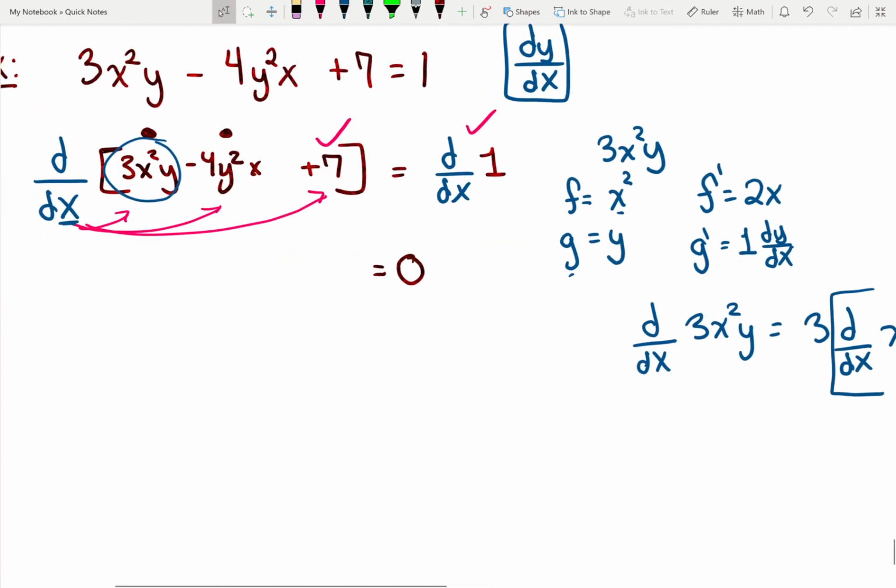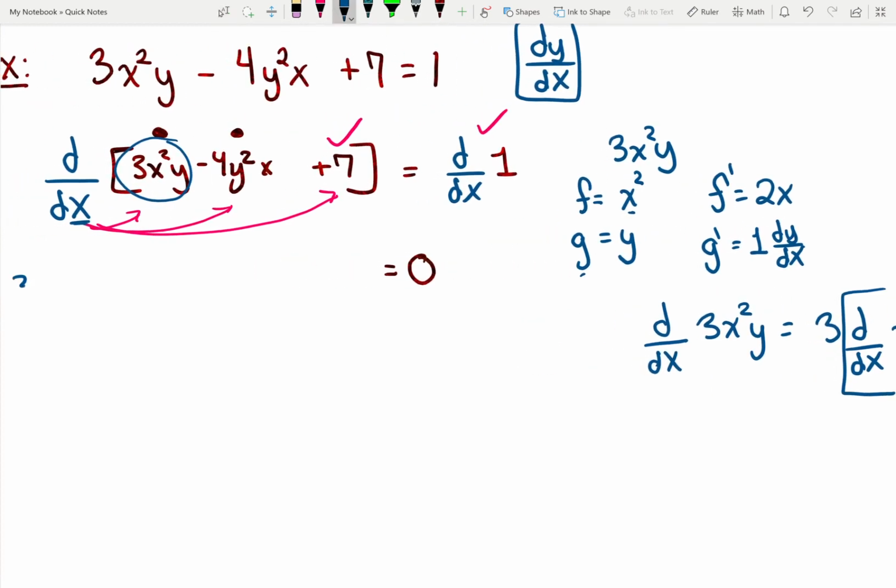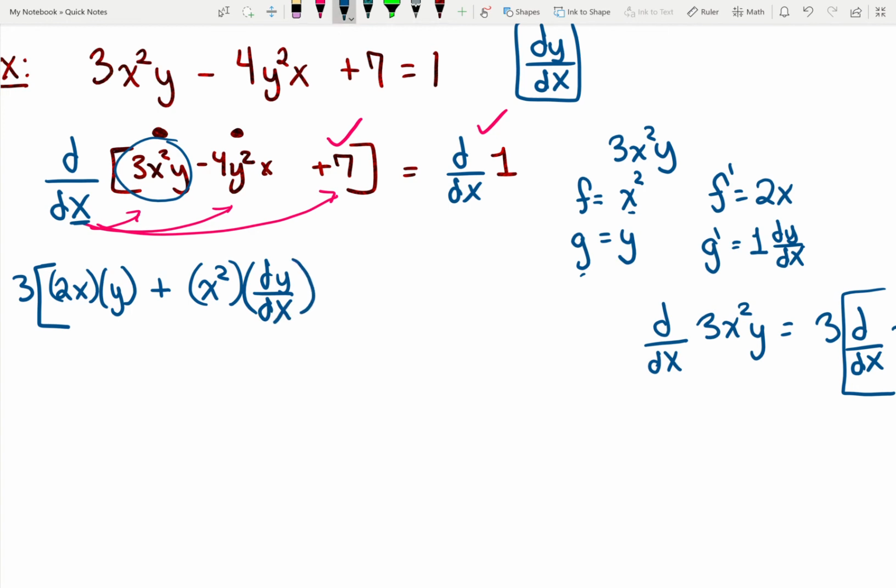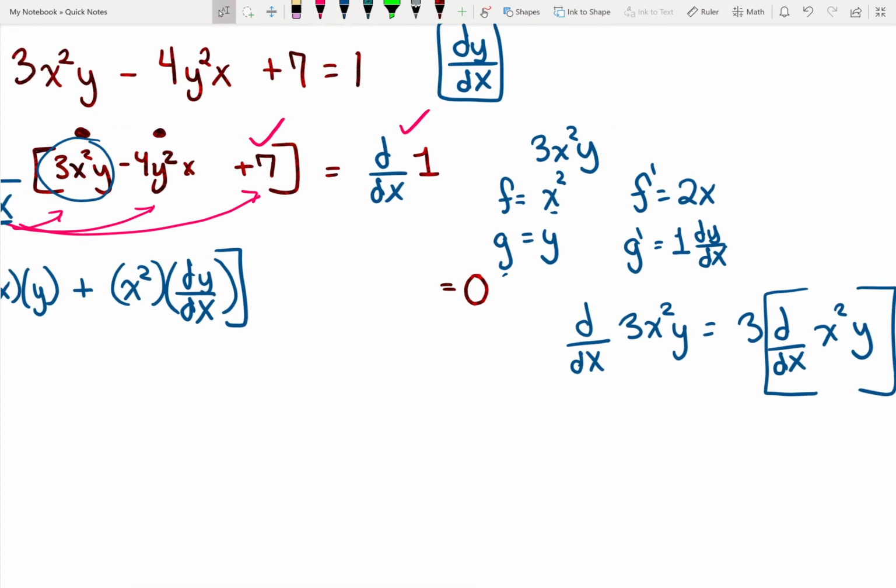So we're going to have 3 multiplied by the product rule, which is 2x times g plus x squared times dy/dx. Okay, we're not going to have enough room here. Okay. Then we'll have a minus 4 out here.